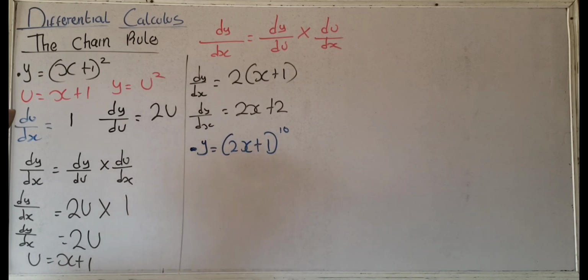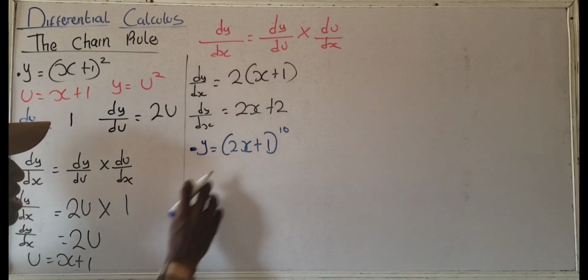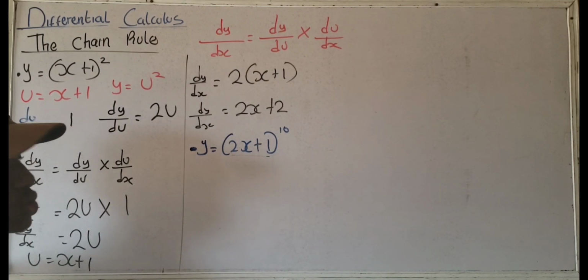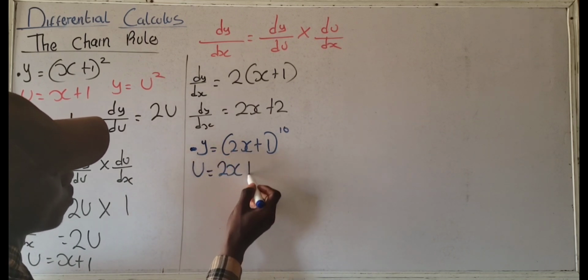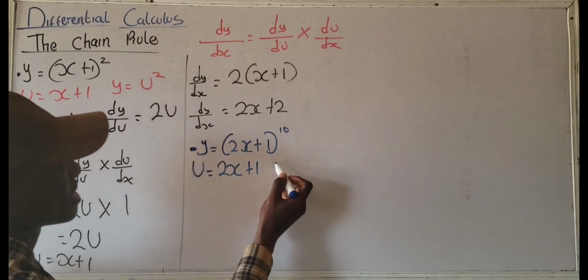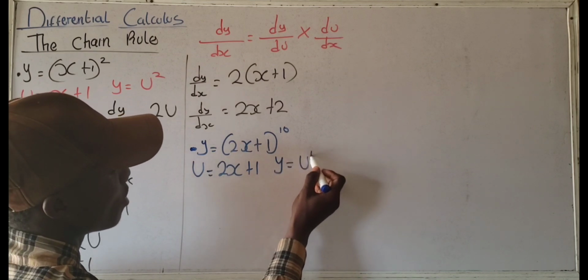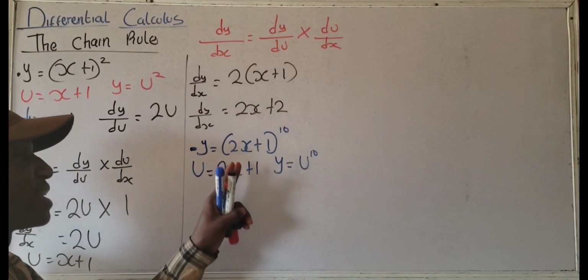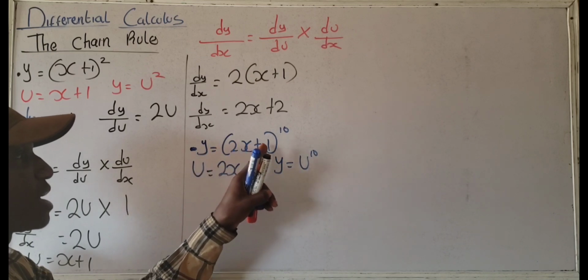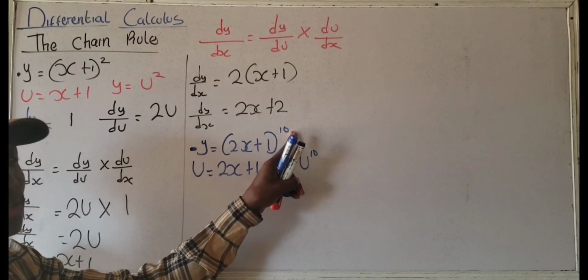Okay? How do you use the chain rule formula to differentiate this? The first step is to set the inner function equal to a letter. In this case, we are going to be making use of u. You understand? Set the inner function equal to u. So, I'm going to have u equals 2x plus 1. Then, in that case, y will be equal to u raised to the power of 10. You understand? Because if u equals 2x plus 1, that means that y equals (2x plus 1) raised to the power of 10, which is u raised to the power of 10.